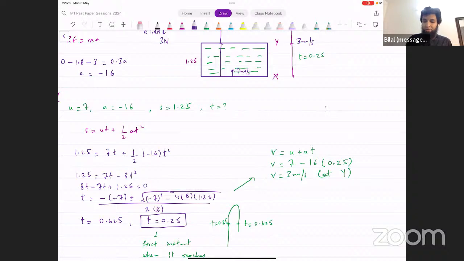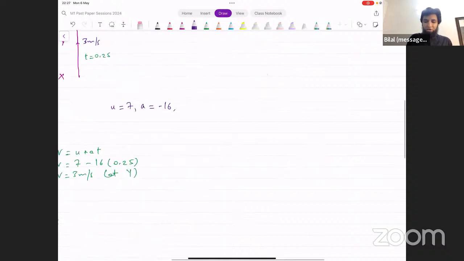What do we know about X, Y part of the journey? We know U is 7. We know acceleration is -16. And we consider V equal to 0. How do you find T from that? Let's try finding this.